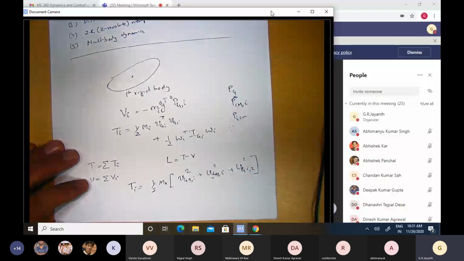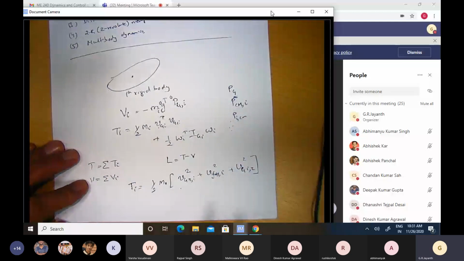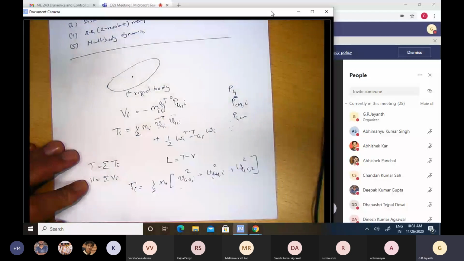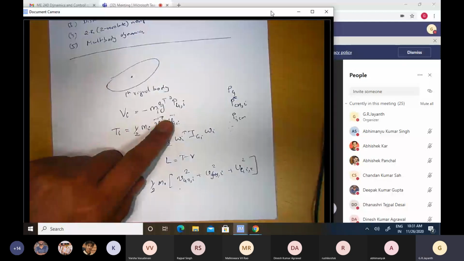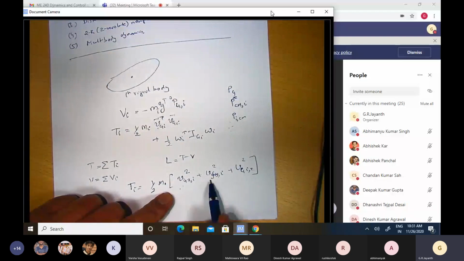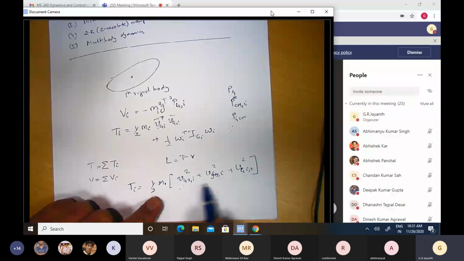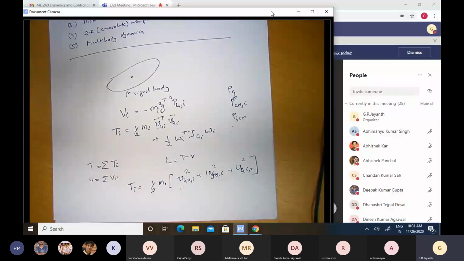These are all scalars, whereas that is a vector. Unfortunately, when I write it is hard to differentiate the two, so maybe I'm putting an arrowhead on top of the vector quantities to show that it is a vector, and V_gx, V_gy, V_gz are its x, y, and z components. So the kinetic energy is the sum of the squares of its x, y, and z components multiplied by mass.